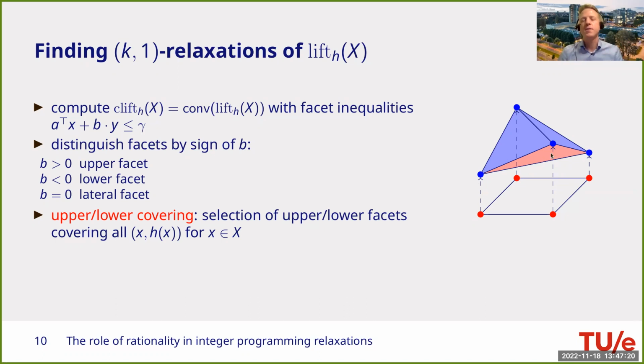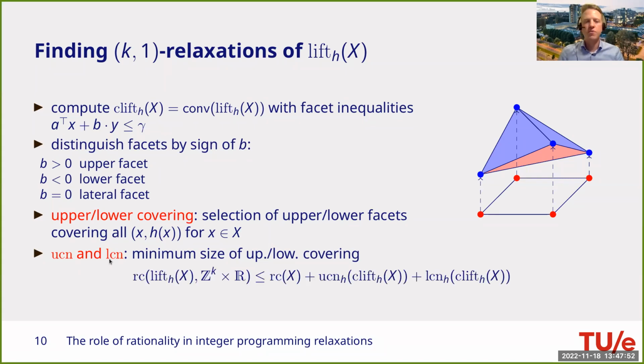And then we need to select these facets in such a way that we can cover all these points for our polyhedron from the previous slide. And of course, based on the argument on the previous slide, it's sufficient to consider a covering that consists of the minimum number of inequalities, because this will suffice for coming up with a relaxation. And we refer to these two numbers, the minimum size of an upper covering and a lower covering, as the upper covering number UCN and the lower covering number LCN.